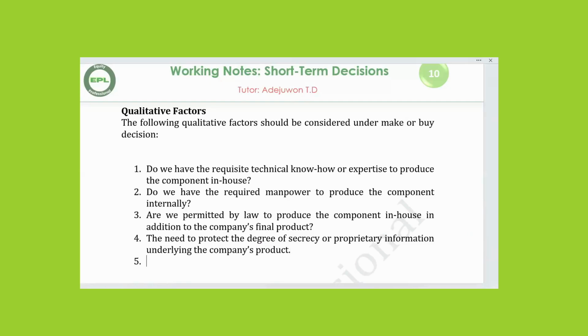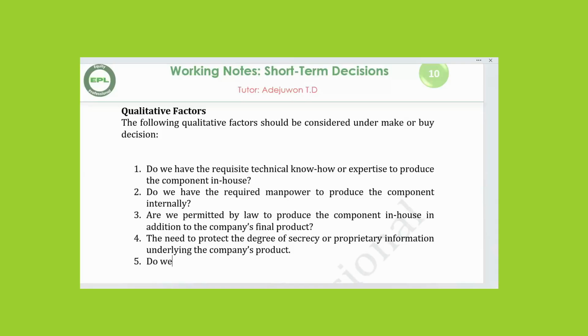Number 5. Now, you say you want to produce this component in-house. Do you have sufficient capacity to accommodate the components in-house? So you need to consider that.